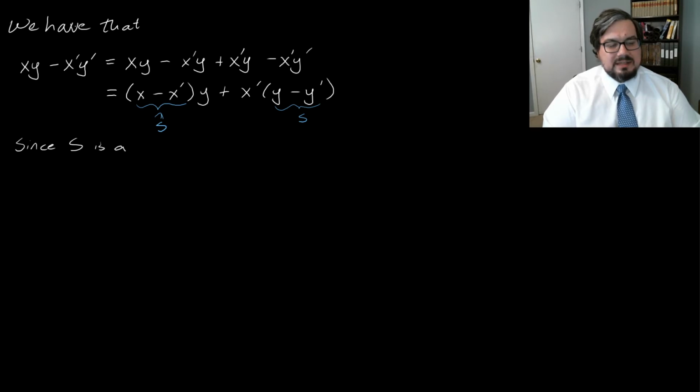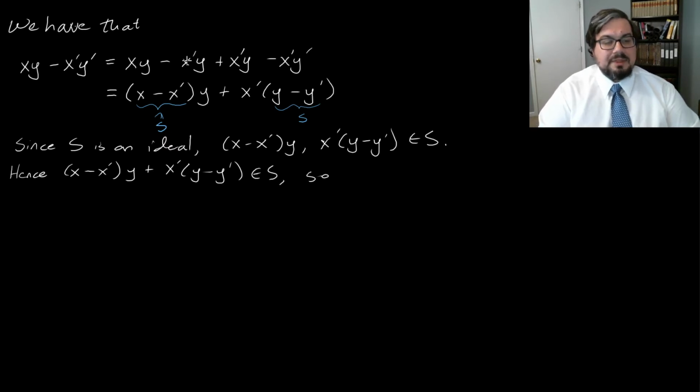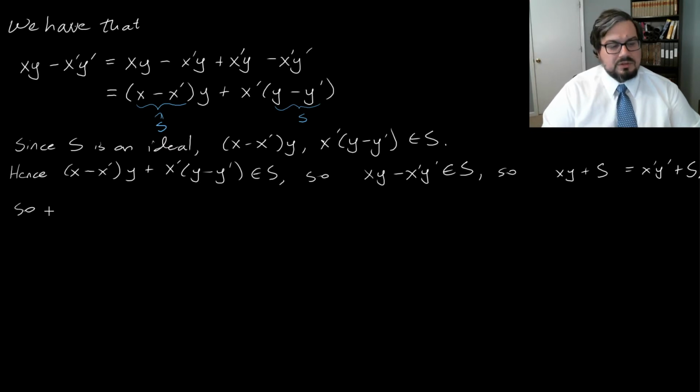So since S is an ideal, x minus x prime times y belongs to S, and x prime times y minus y prime belongs to S. Hence, since S is a subring, it's closed under addition, hence x minus x prime times y plus x prime times y minus y prime belongs to S, but that was equal to xy minus x prime y prime in the first place, so that belongs to S, which means that xy plus S equals x prime y prime plus S. So that means that multiplication in R mod S is at least well defined.